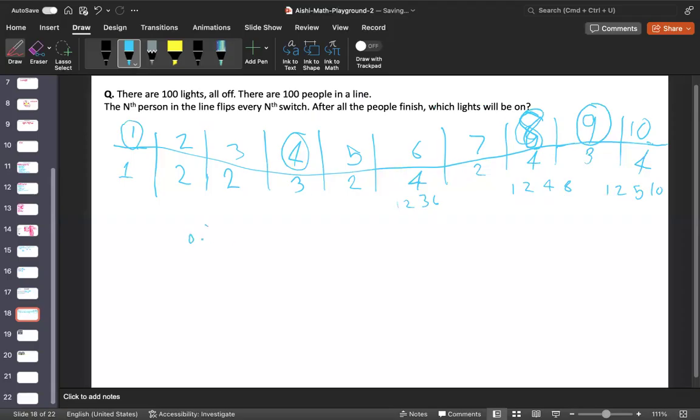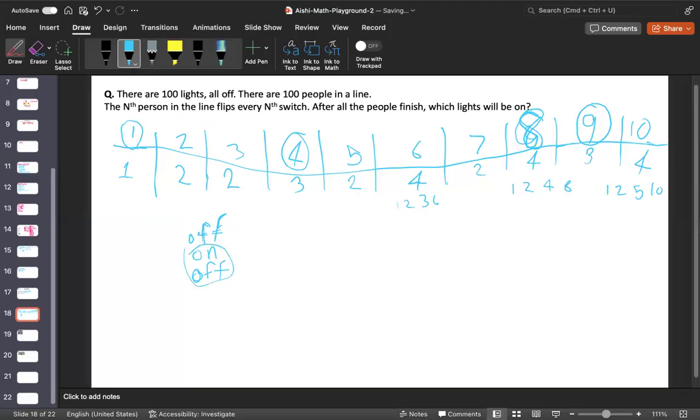So we have off, on, and then off. Every odd number of times the switch has been flipped, the lights are off. So we have to find the number of square numbers from 1 to 100 and subtract that from 100 to see which lights will be on.